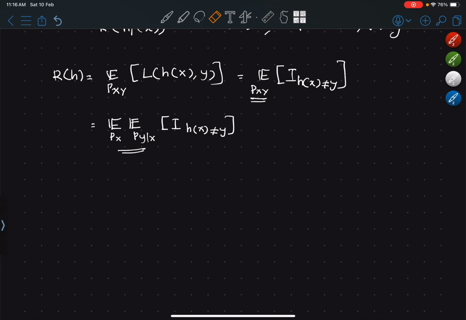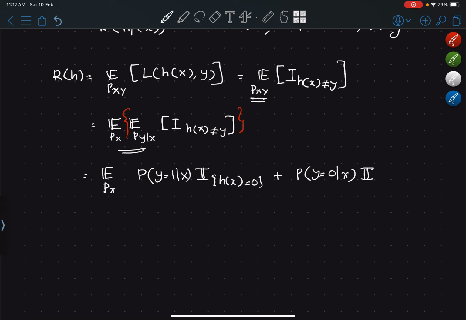Now, what is this expectation, whatever we have in the bracket? You can simplify again. This is just algebra. Since y takes only 2 possibilities, this can be written as the probability of y equal to 1 given x, times the indicator of h of x equal to 0, plus P of y equal to 0 given x, times the indicator of h of x equal to 1.